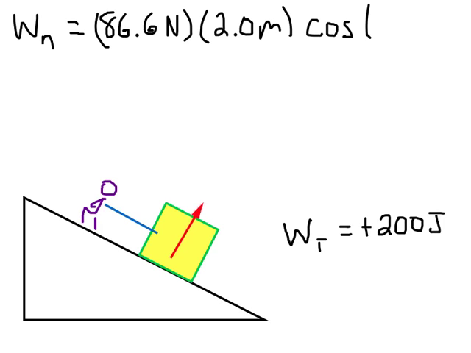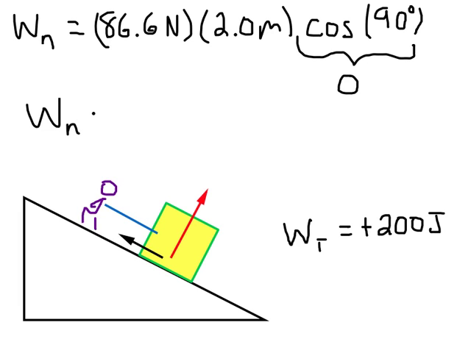So normal force points perpendicularly to the surface of the ramp, while displacement points parallel to the surface of the ramp, which means the angle between those is 90 degrees. Now, cosine of 90 degrees is 0, so the work done by the normal force is 0. It doesn't matter how strong the normal force is, it cannot transfer any energy into or out of the system, which is the block in this case.